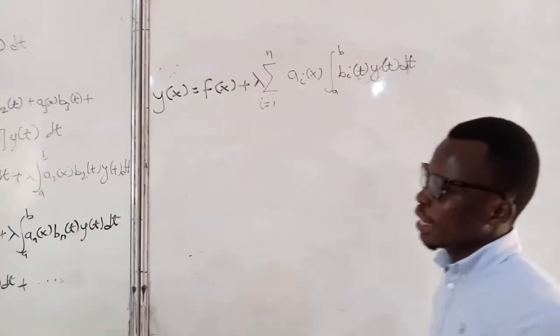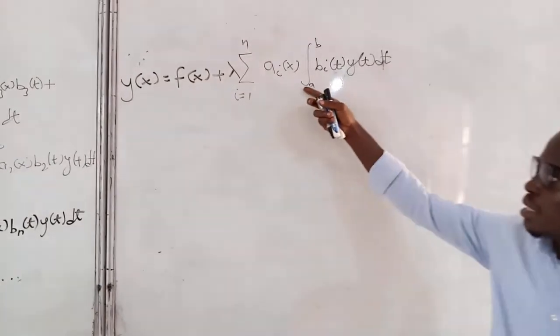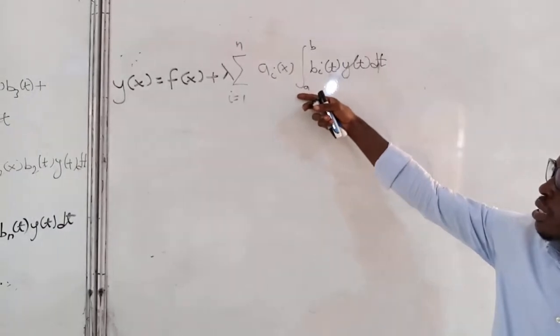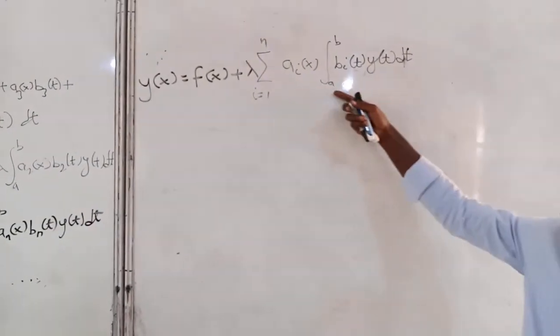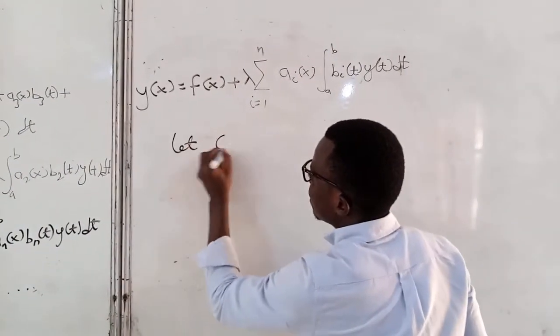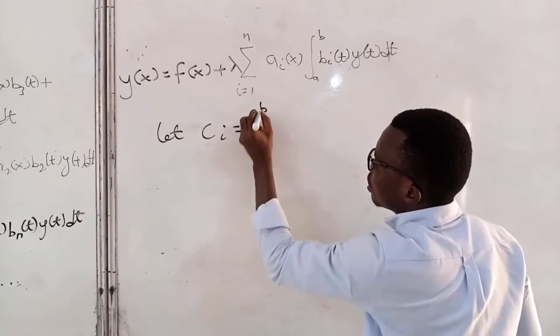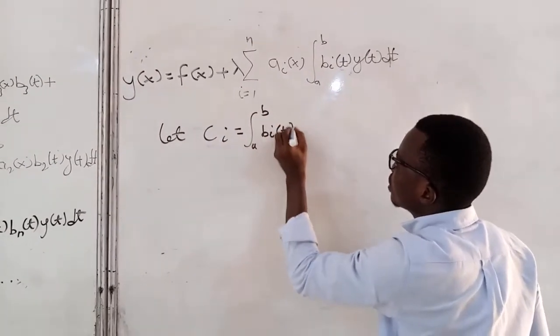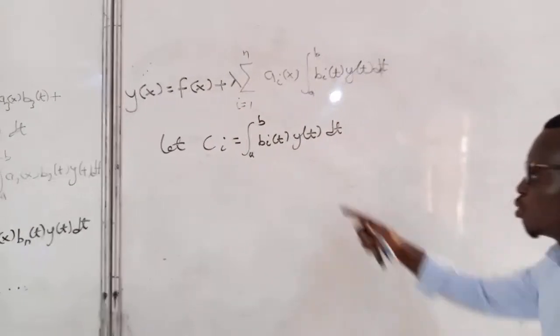Now, as we did in the exact method, after doing this, we represent the functions with only t with a constant. So we are going to do the same here. Let's let ci be equal to the integral from a to b of bi of t, y of t dt. ci is equal to this.